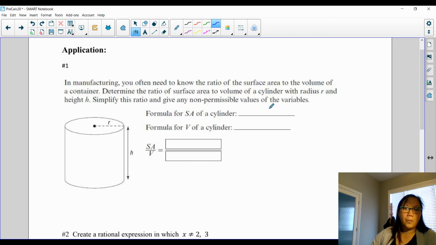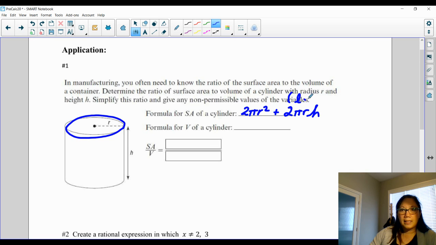So in order to come up with the surface area of a cylinder, we're going to have to account for 2 circles, so that's 2 pi r squared, plus that soup can label. Now, the distance all the way around the soup can label is going to be its length, and that's the circumference, which is 2 pi r, and then times the width, which is the height.